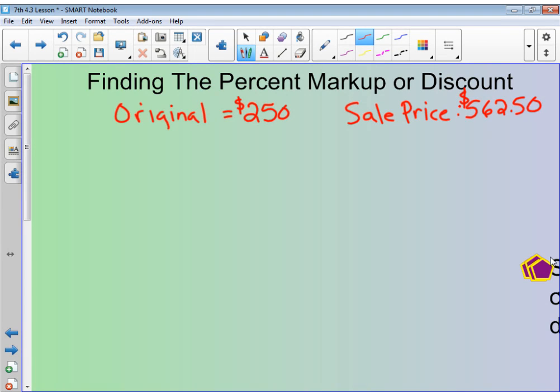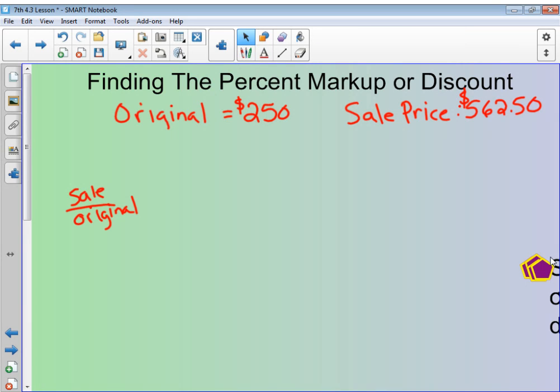I want you to find the percent markup. Remember, it's always your sale price over original. If you want to use proportions, you can. Otherwise, you can set it up as a fraction and then change to a percentage. Go ahead, pause your video, and work your way through this one.